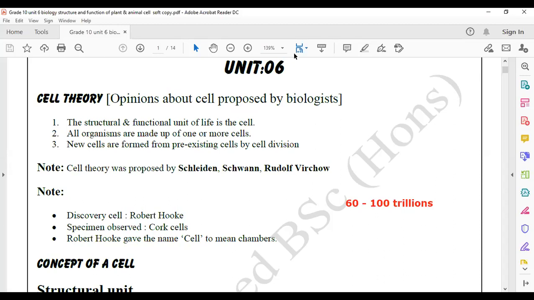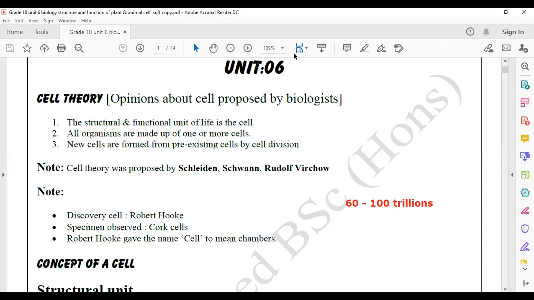All these 60 trillion cells came from that one cell. Understood? That one cell divided into two. Then two cells came.